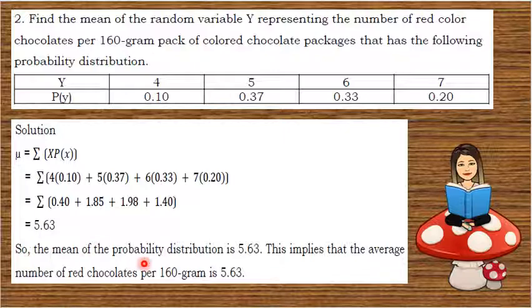So, the mean of the probability distribution is 5.63. This implies that the average number of red chocolates per 160 gram is 5.63 or approximately 6 red chocolates ang nasa isang 160 gram pack ng assorted chocolates or colored chocolates.